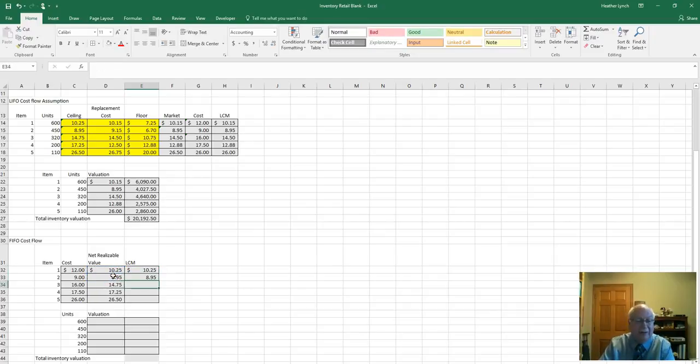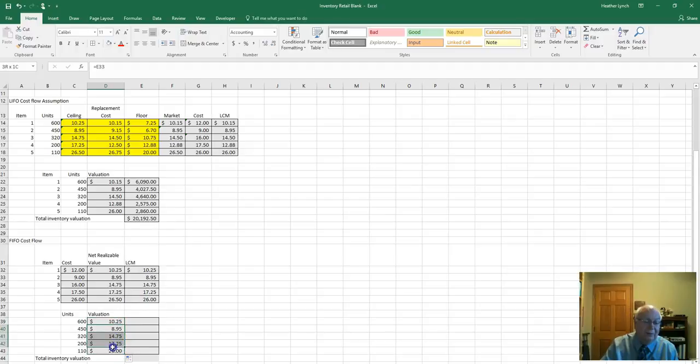8.95 is lower than 9. 14.75 is lower than 16. 17.25 is lower, and this one is 26. Okay, so over here then we would take the 10.25. We take our lower cost of market.